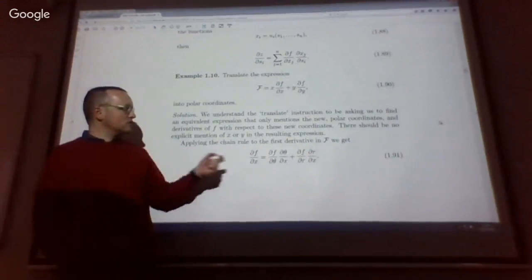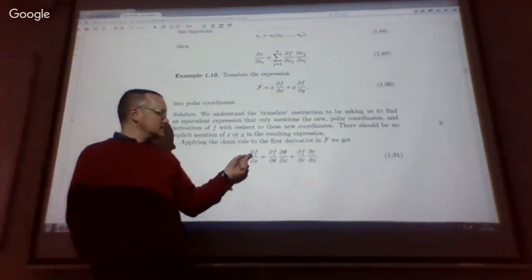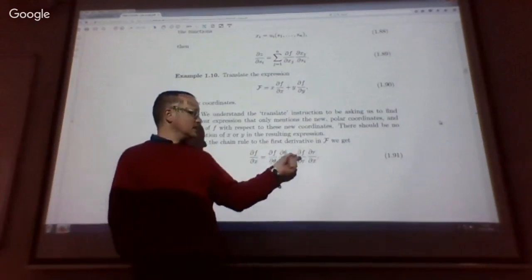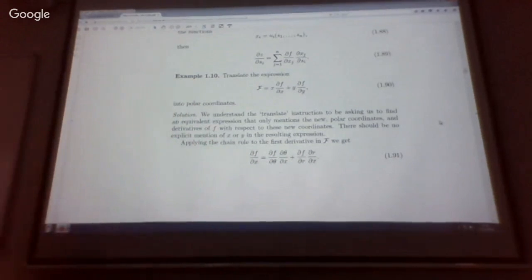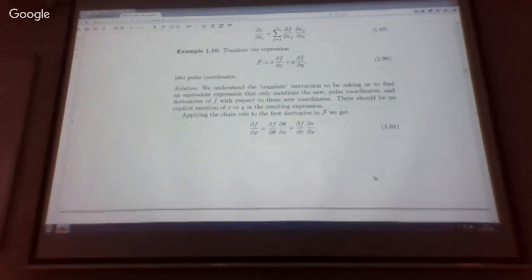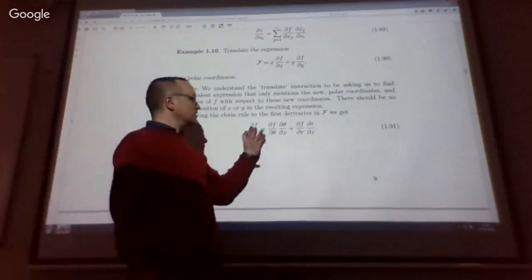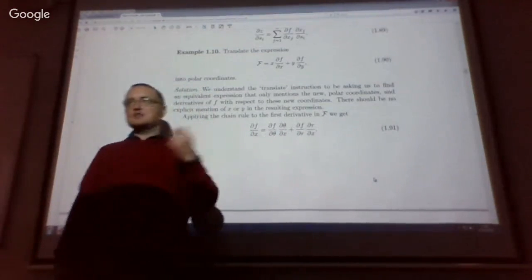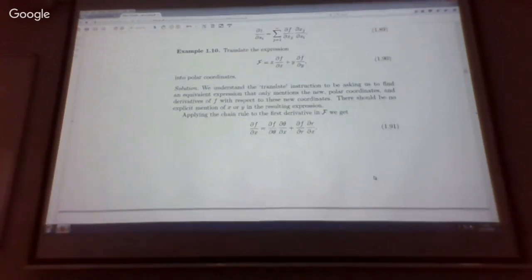So the chain rule for the x variable says df dx is going to be df d theta times d theta dx plus df dr times dr dx. So that's the expression that takes a partial derivative of f with respect to x and replaces it by information about partial derivatives with respect to r and theta and partial derivatives of the functional relationship between r, theta and x, y.